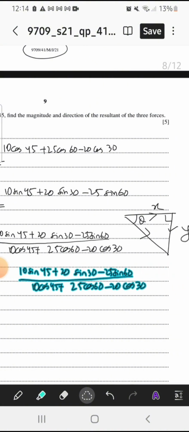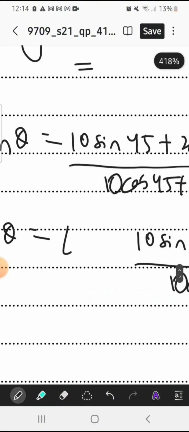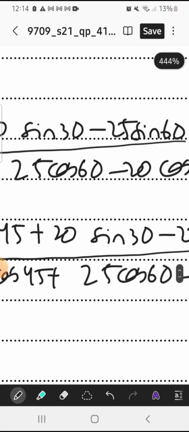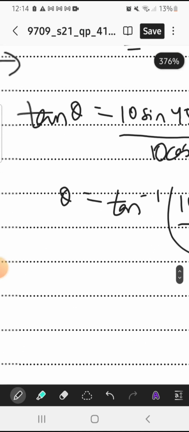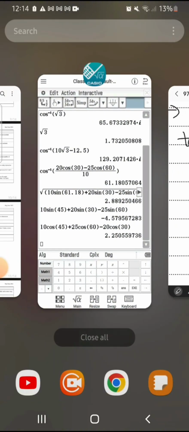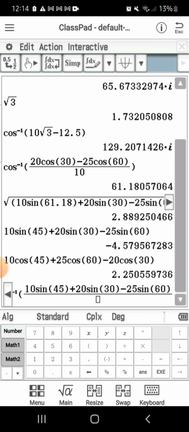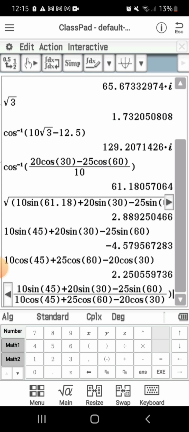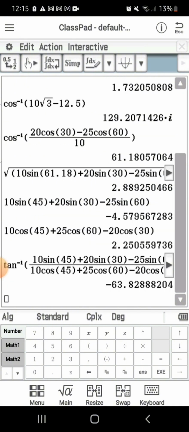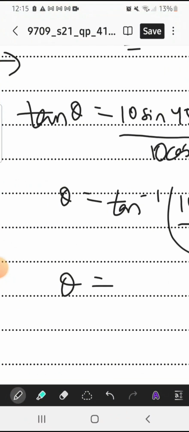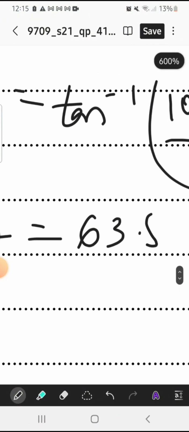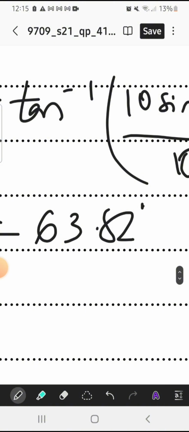So tan inverse of this whole thing gives our answer. In this case we get minus 63.82. Because we are on the negative side, we ignore the negative sign and just take 63.82.